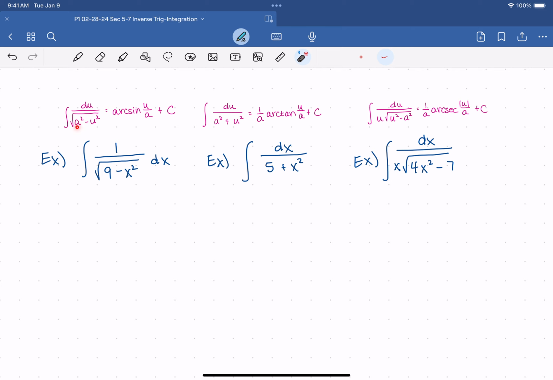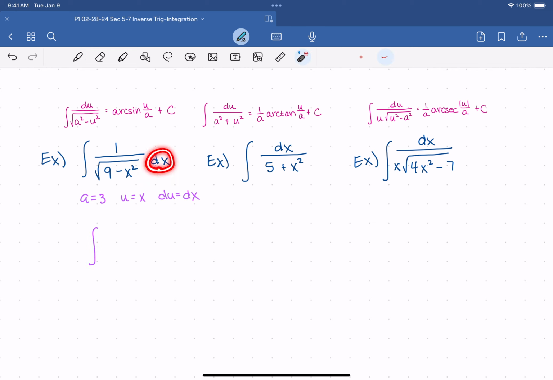So now that we know constant minus the variable in a square root is going to be arcsine, now we want to find A and U. So we can see that A squared is 9, so that means A is 3. And then U squared is x squared, so we can see that U is x, and that would make du equal to dx.